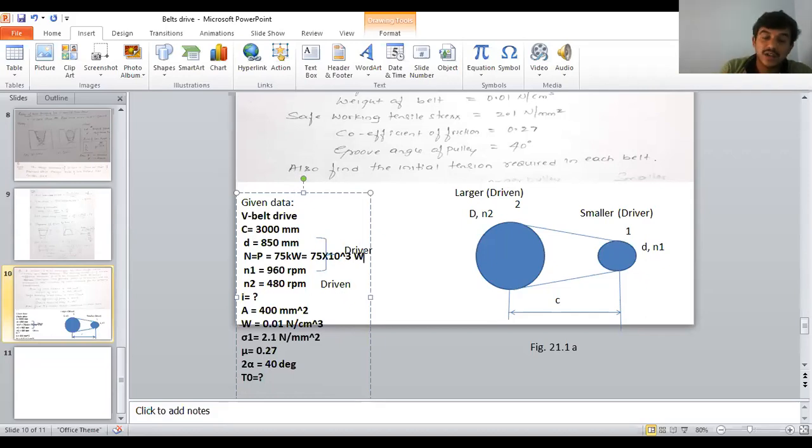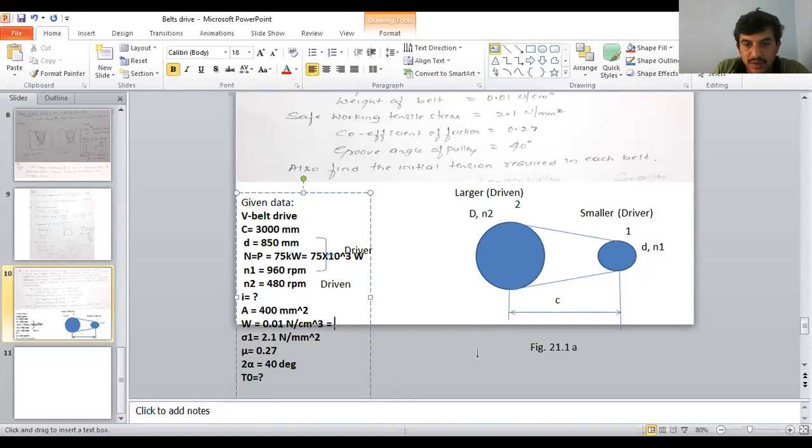Now weight per unit volume is given, that is Newton per centimeter cube. Now 1 centimeter is equal to how many millimeter? 1 centimeter is equal to 10 millimeter, right?